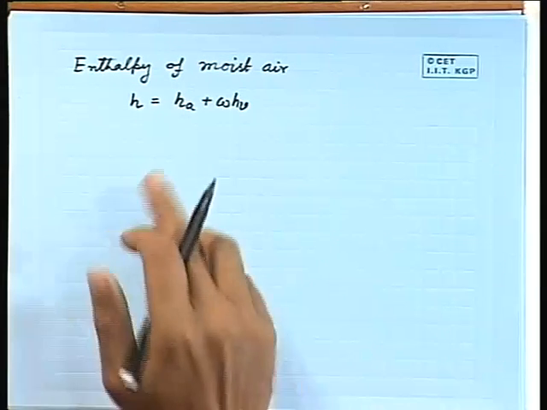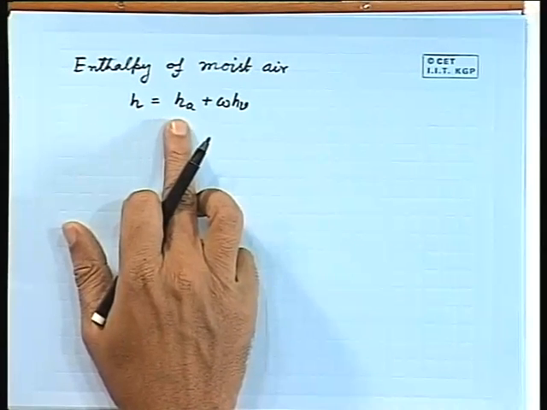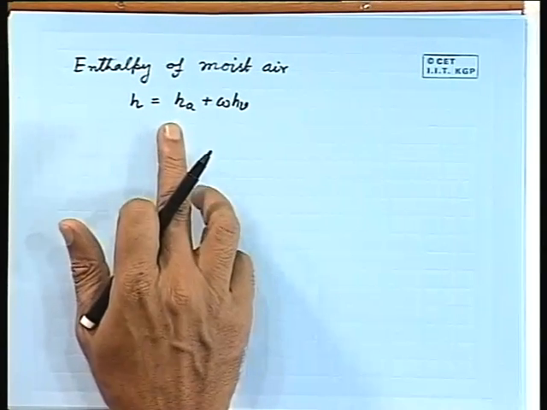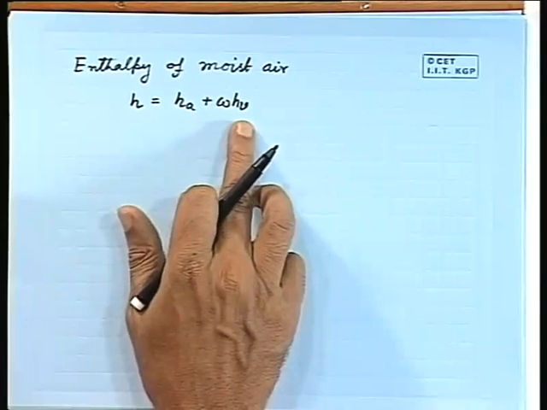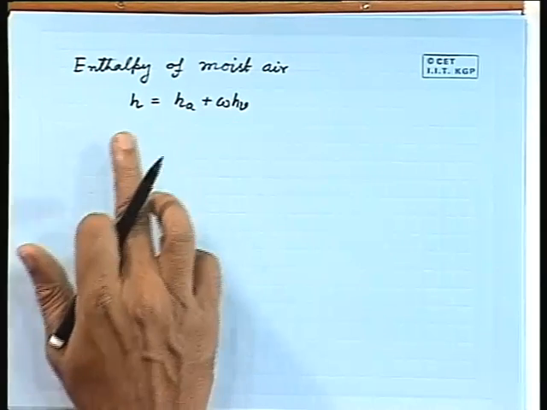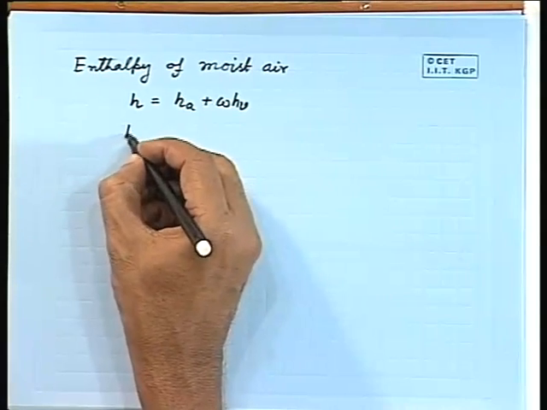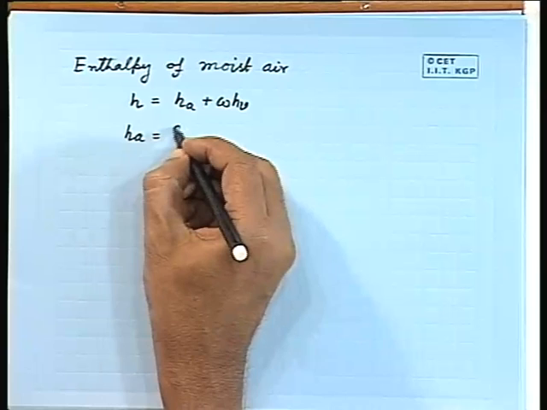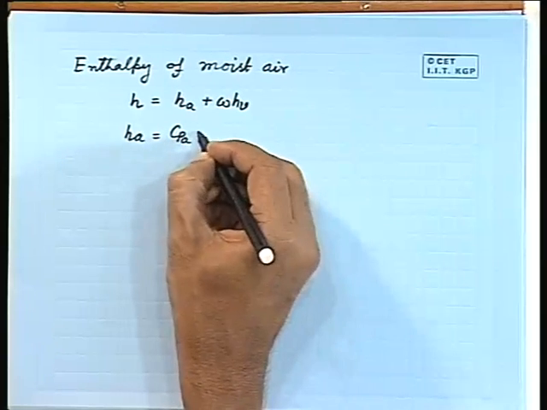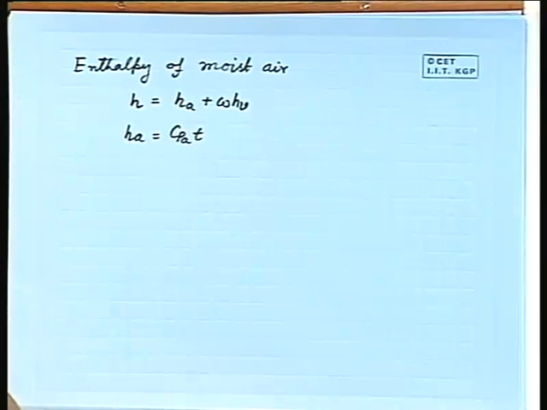Then if we write down separately the expression for h_a and the expression for h_v, we will get the enthalpy of moist air. So, h_a is equal to C_p air into T, assuming that our datum for enthalpy calculation is 0 degree Celsius.